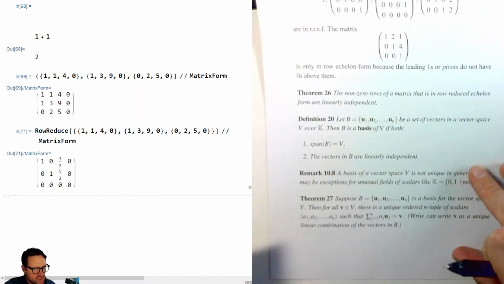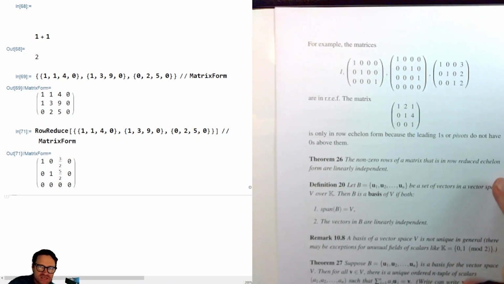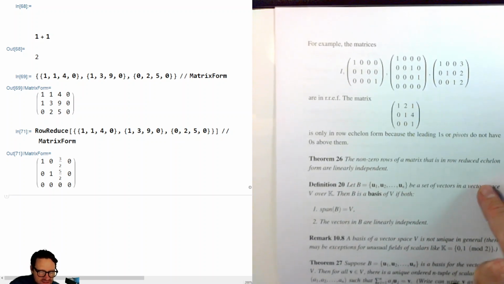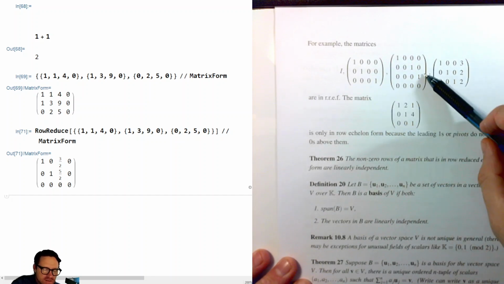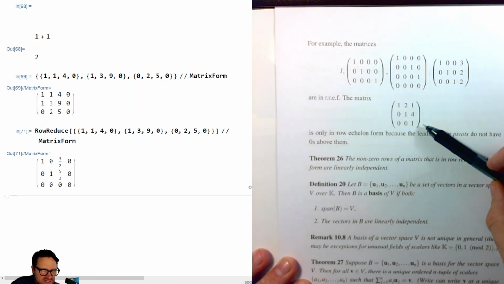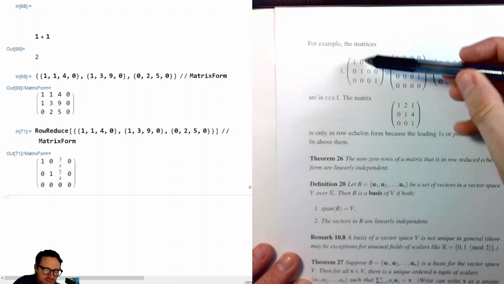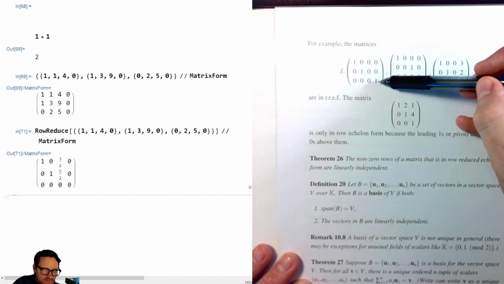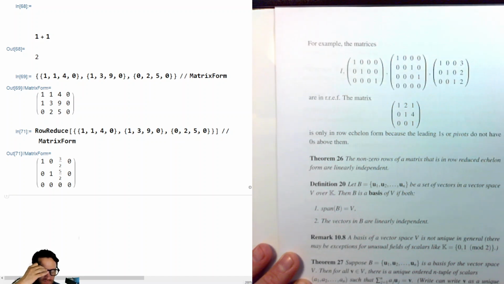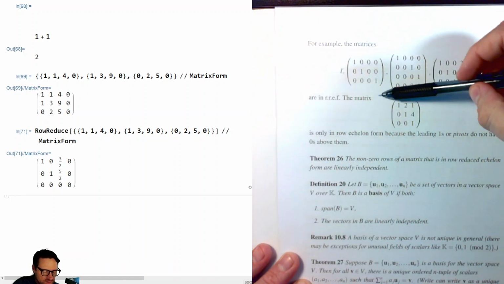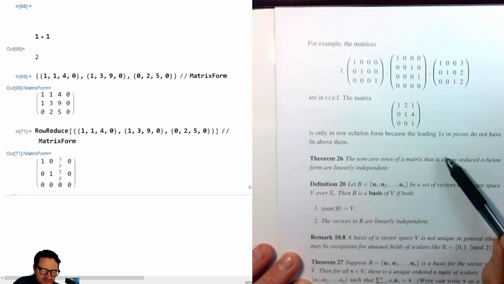Okay, next page. For example, the identity matrix, this matrix, this one, all of these matrices are in row reduced echelon form. So let's have a look at where our pivots are. Pivot there, pivot there, pivot there. We do not have a row of zeros in this matrix, but the first non-zero entry in each row appears farther to the right than the previous one. And we have zeros in the column everywhere else. Same for this.